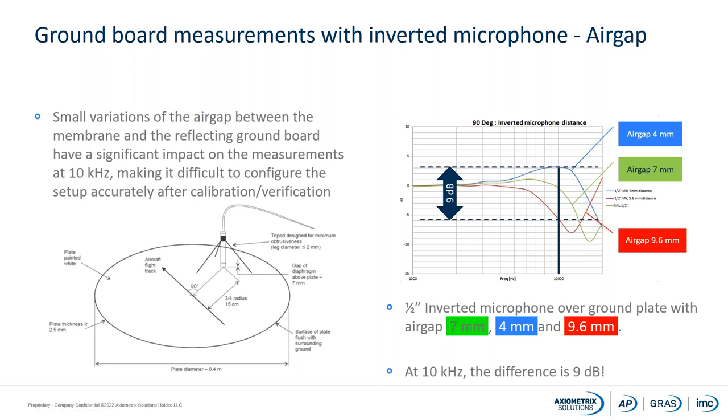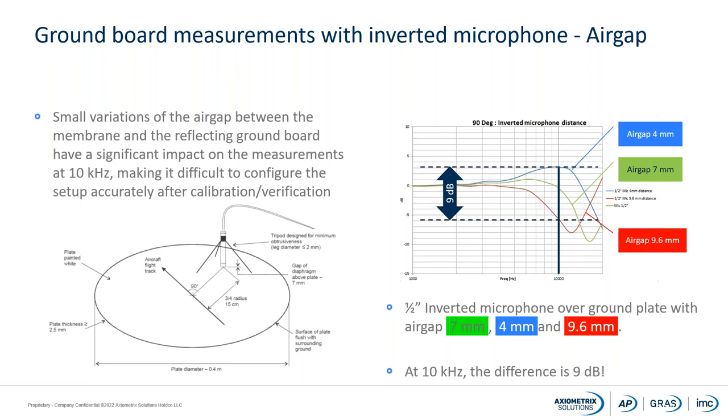So what does that mean in practical terms? Well, when you are actually doing the measurement, you have to place the upside down microphones around in a big area. Before the test, you would like to verify your microphone and cable, and therefore you would like to do a calibration.